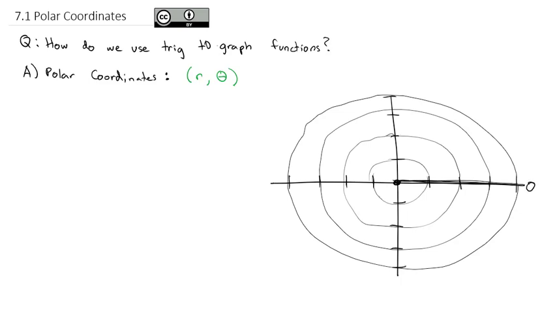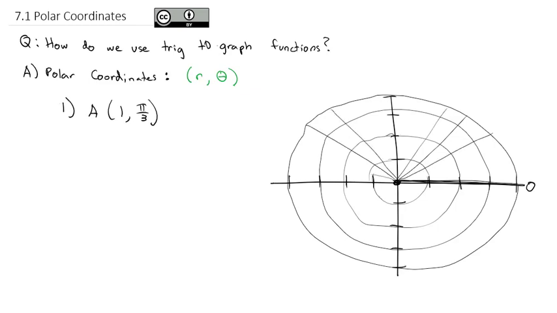And so we could graph a point. Let's graph point A at (1, pi over 3). Well, 1 is going to be the radius, so I know it's going to go out to the circle of radius 1. Pi over 3 is the angle. So I could almost put in, we've got a pi over 4, there's the pi over 3 and the pi over 6.